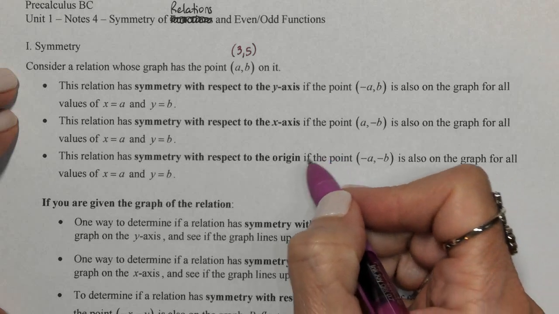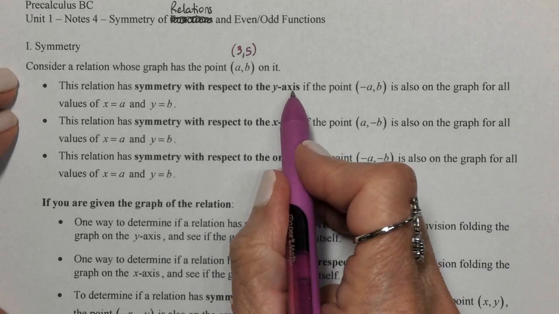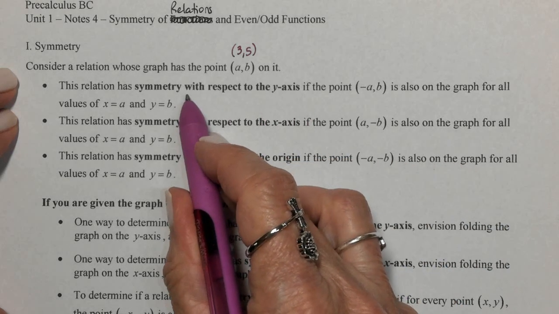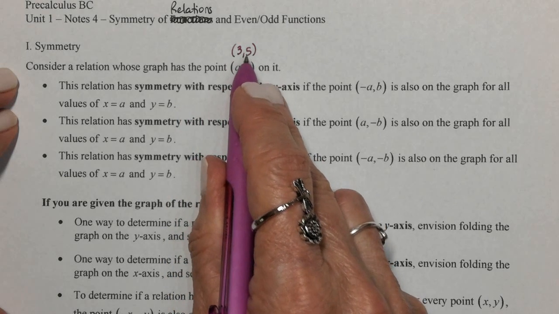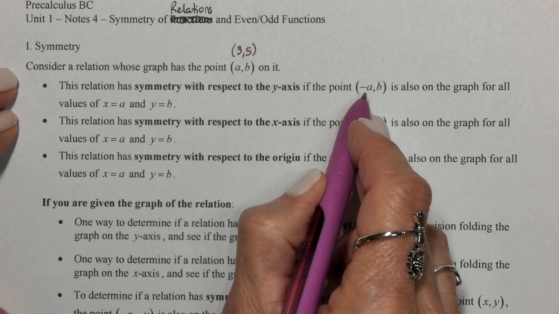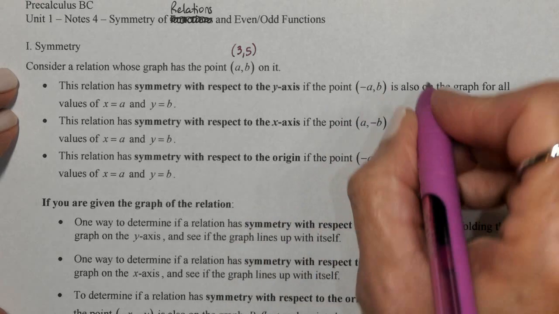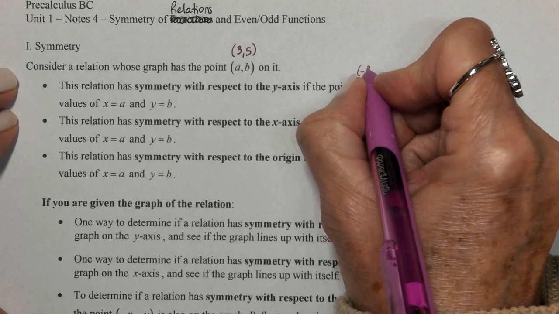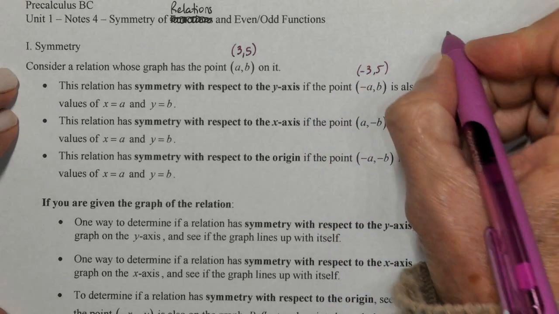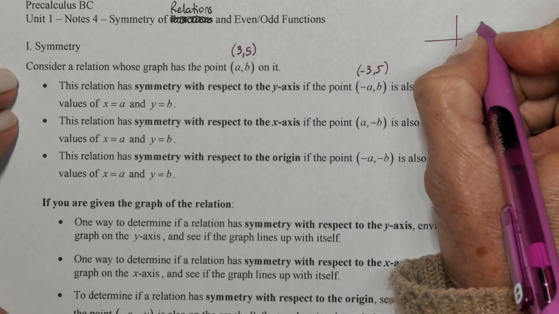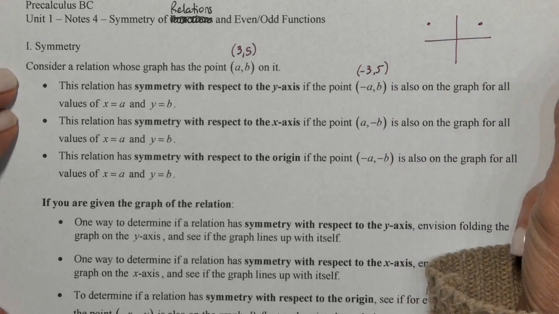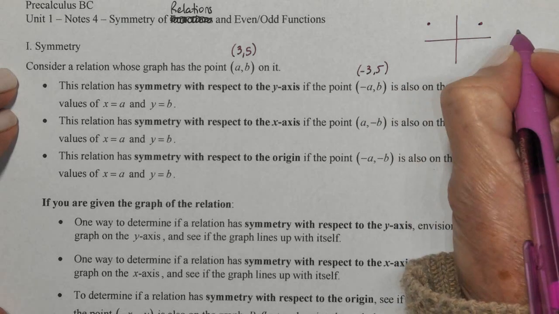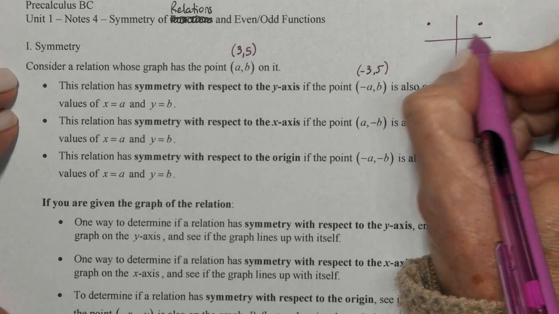The relation has y-axis symmetry if the point (3, 5) is on the graph, then the point (-3, 5) must also be on the graph. So visually, there's that y-axis symmetry. Okay?